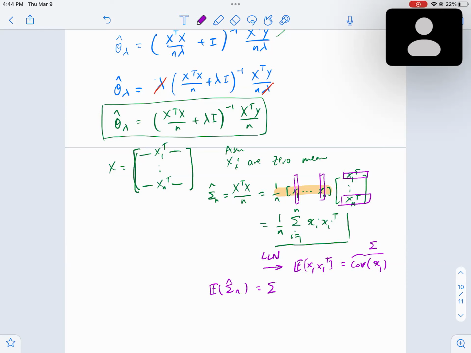Have you seen covariance matrices? You should have seen covariance matrices in 1C, right? A covariance matrix is something whose diagonal is the variances, and the off-diagonals are covariances of the elements.